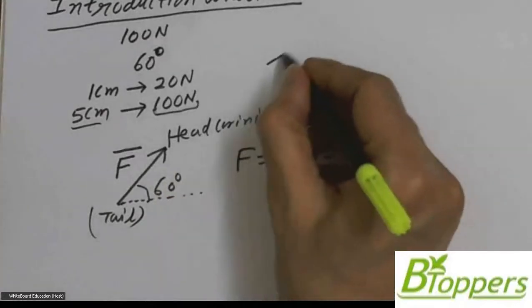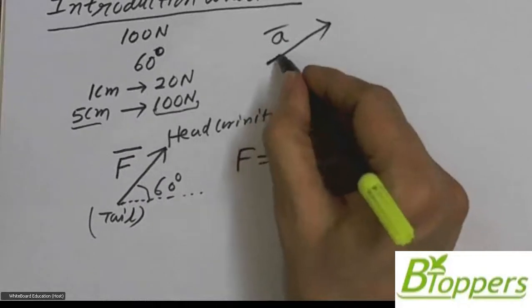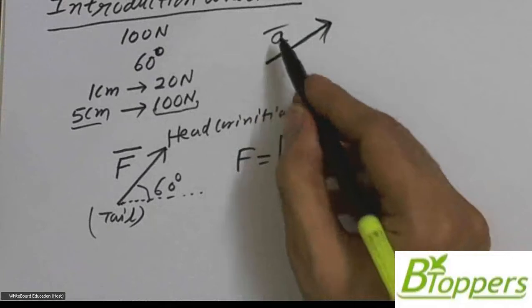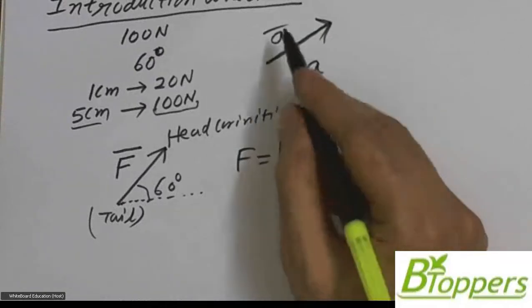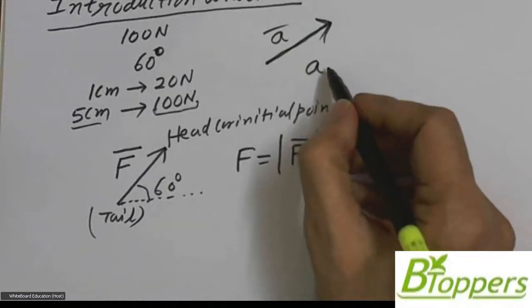Suppose A bar is a vector, which is represented graphically as shown in the diagram. Then if you just write the letter A without using that bar symbol, it should not be treated as a vector.